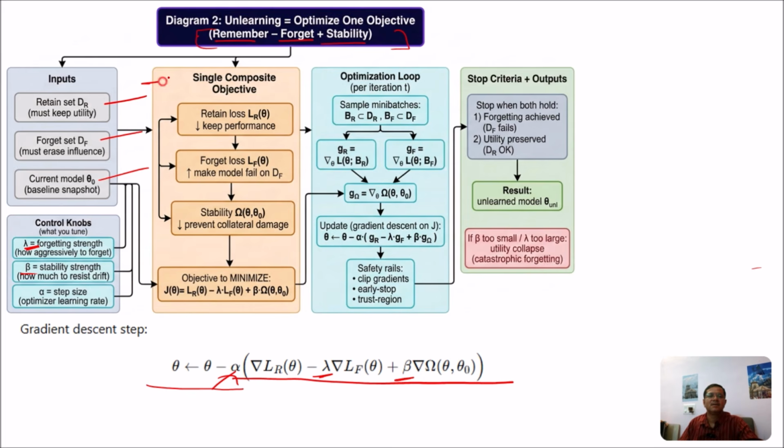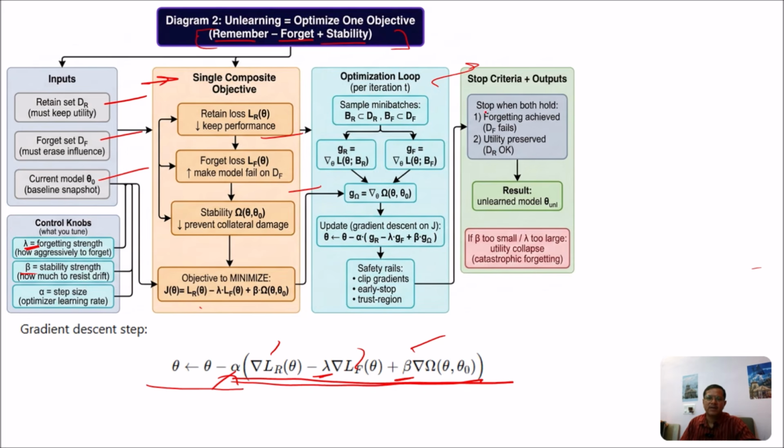Now the objective: this part is to retain the loss, this part is to forget the loss, and this part is stability. The final objective is to minimize everything. And then this is the optimization loop, how you can optimize the entire scenario to get the best results.